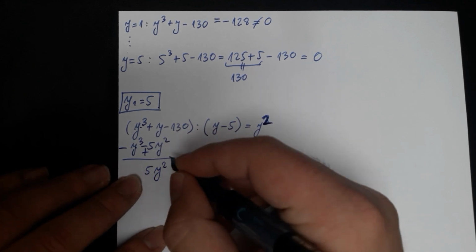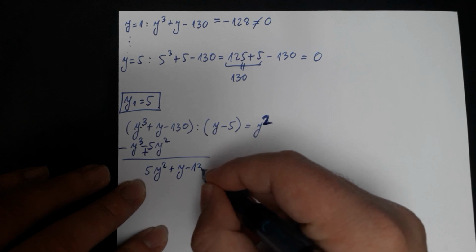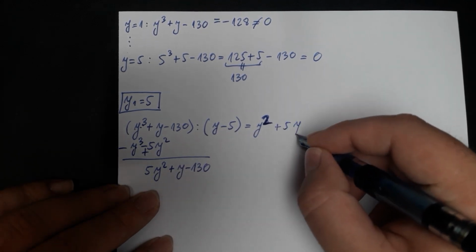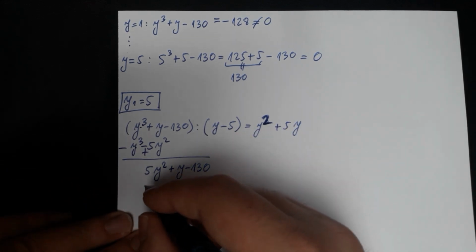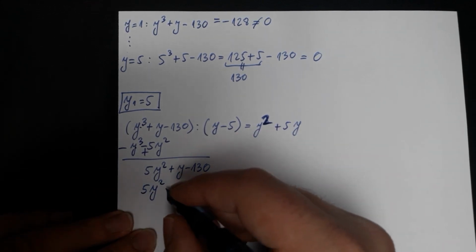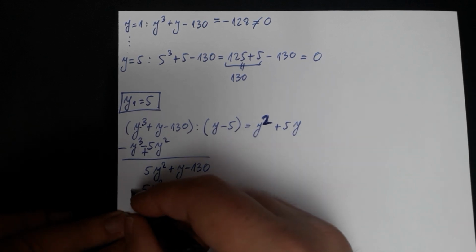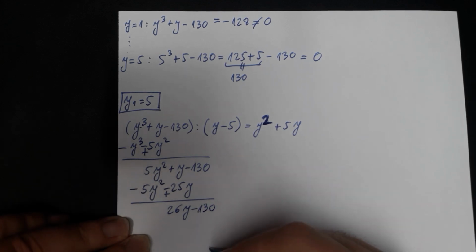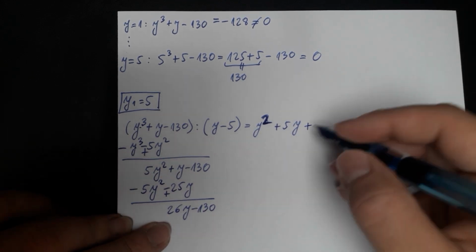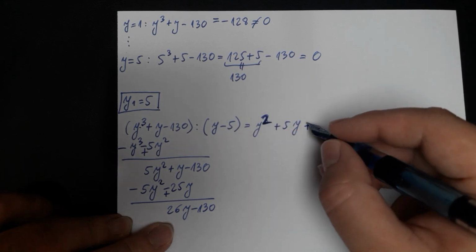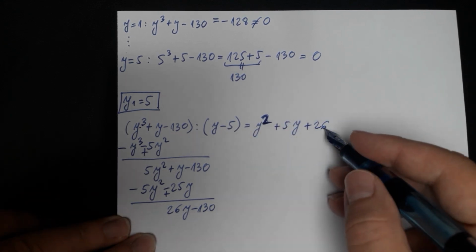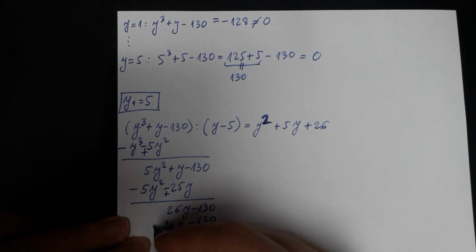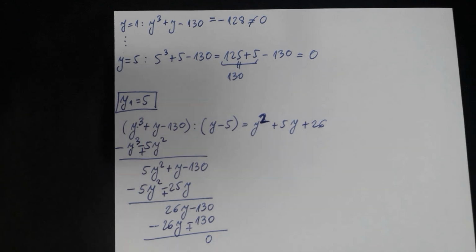We are left with 5y squared plus y minus 130. 5y squared divided by y is 5y. 5y times y is 5y squared, 5y times minus 5 is minus 25y, minus plus, we are left with 26y minus 130. And 26y divided by y is 26. So 26 times y is 26y, 26 times minus 5 is minus 130, minus plus, we are left with 0.